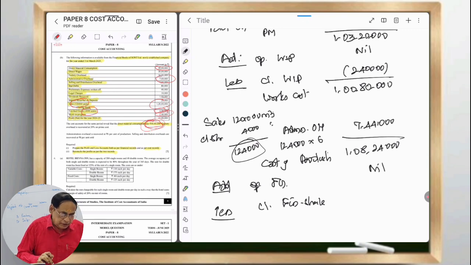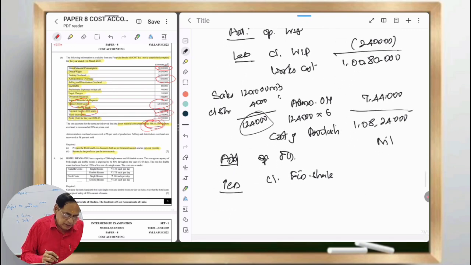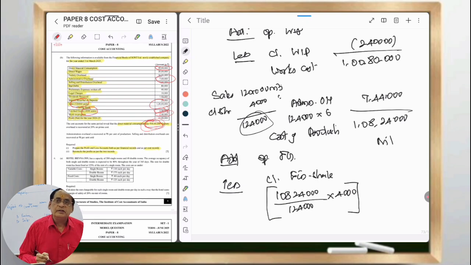How to find out? Here total cost is 1,08,24,000 for 1,24,000 units manufactured. Closing units according to the question paper are 4,000 units. So likewise we have to find out the cost of closing finished goods: 1,08,24,000 divided by 1,24,000 into 4,000, that is how much?